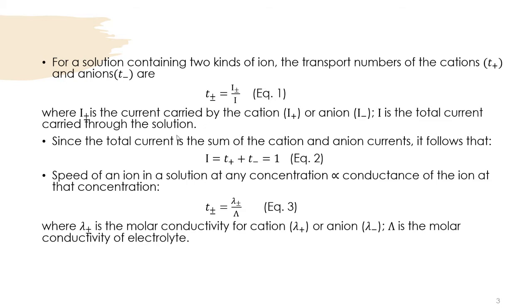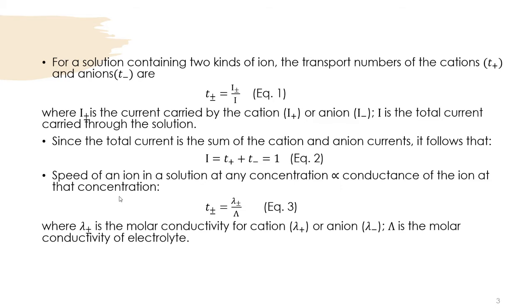And because of that, the total current I is equal to the sum of the transport numbers for the cation and the anion, so that sums up to unity. In other words, it is limited by this value. Okay, the sum of this is equal to unity.